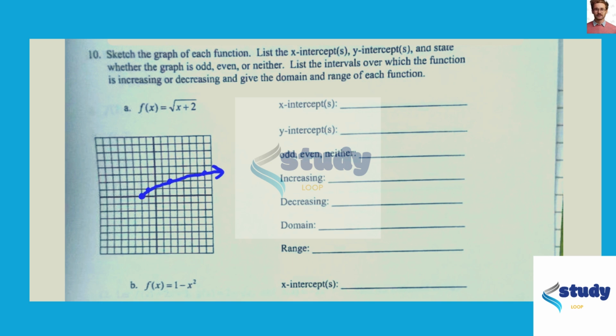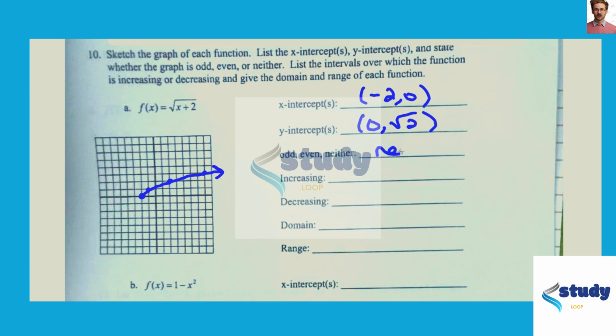The x-intercept is (-2, 0). The y-intercept is when we put in a 0 for x, and so that would be square root of 2.